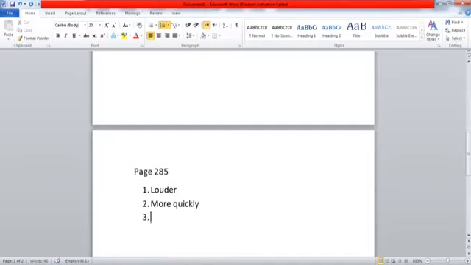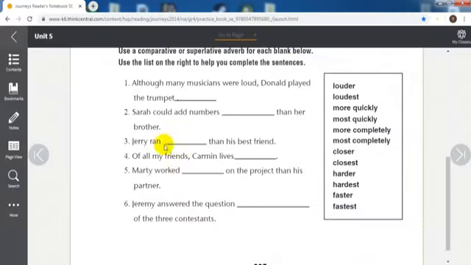Great job. Okay, number 3. Jerry ran than his best friend. Jerry ran what? We can say more quickly as well, right? Or we can say faster. Jerry ran faster than his best friend. Great job.